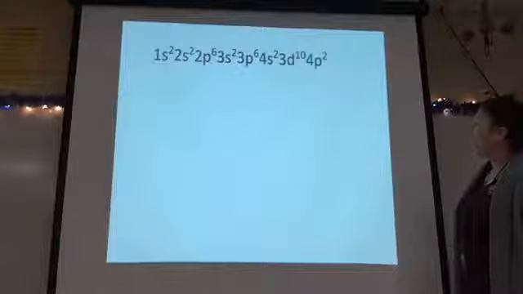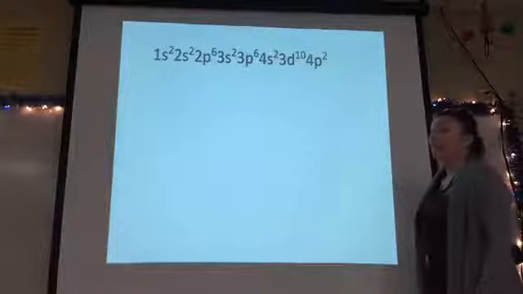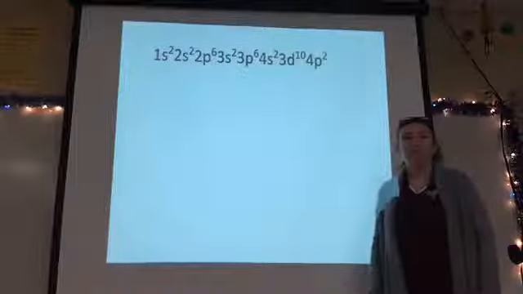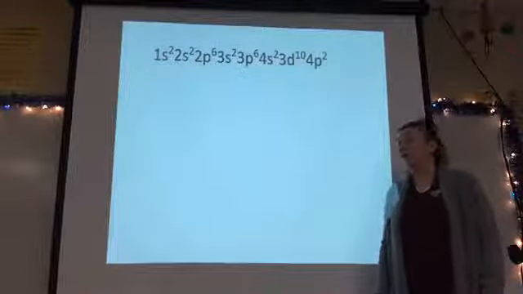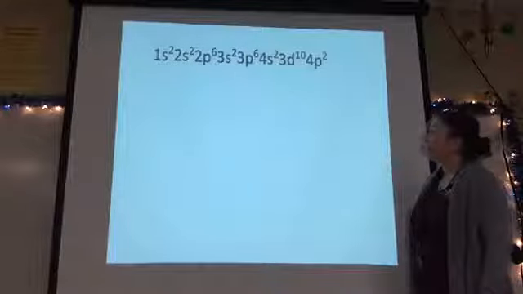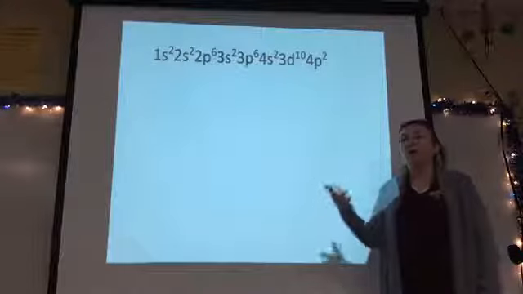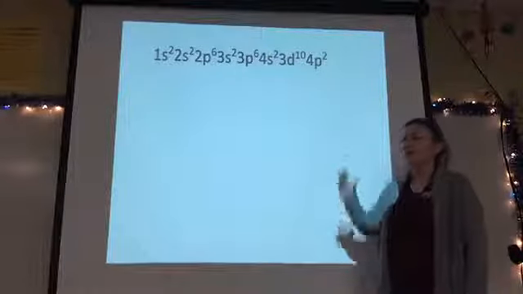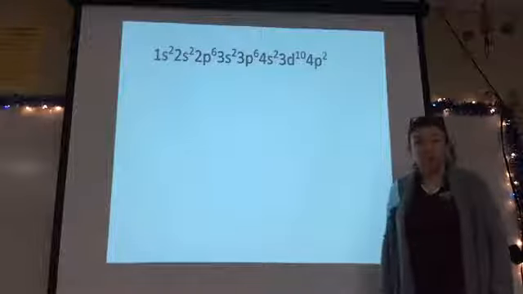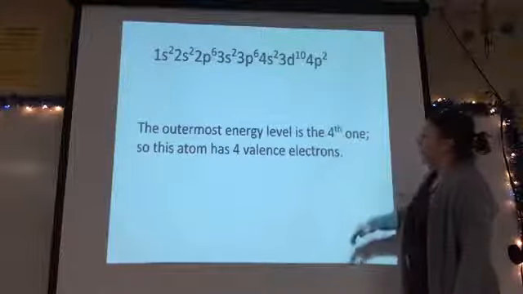Now, if we look at this one, this is germanium. What's my outermost energy level? I can see how you'd think 14. I got the first energy level, second, third, and fourth. The fourth level is my outermost one.